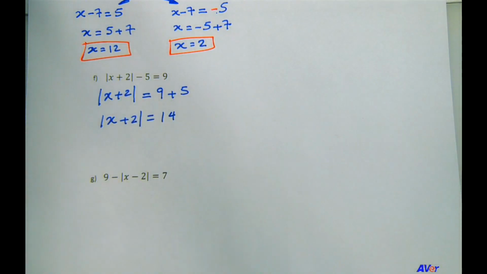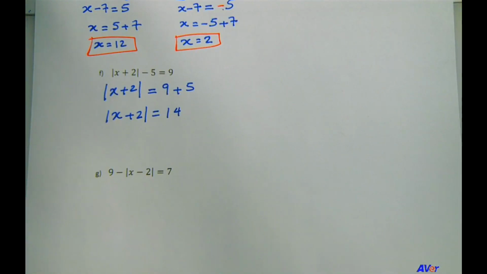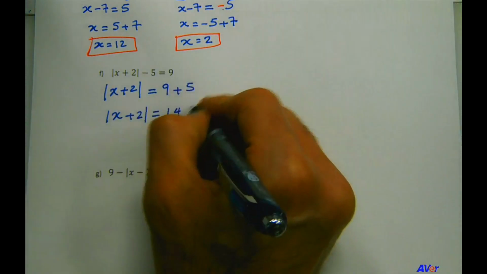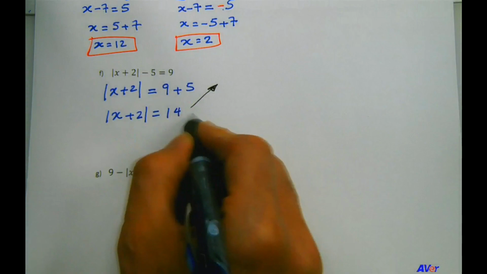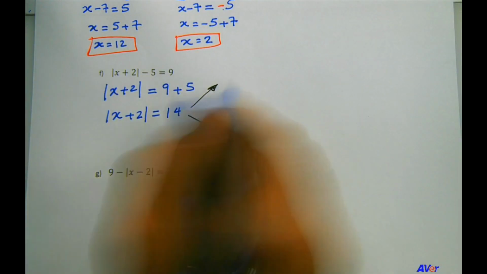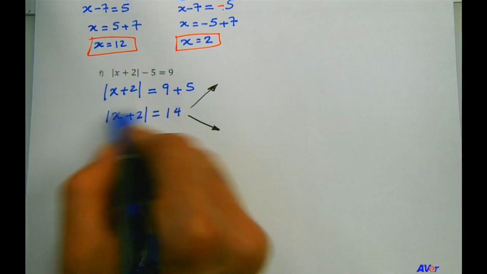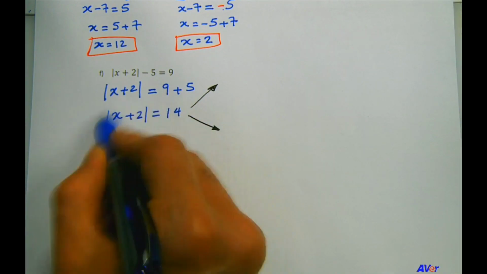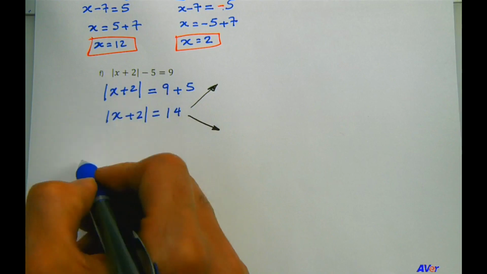So how do we go from here? Where do we go from here? Okay, well, just like before, we're going to end up with two solution paths, right? Let's write each one down. One solution path comes from rewriting all of this exactly as it is without the absolute value bars.